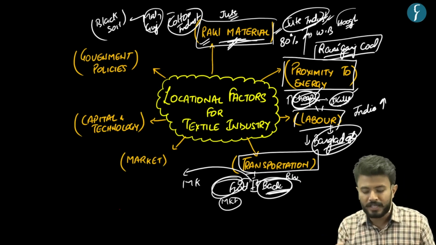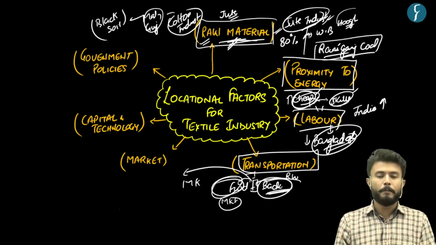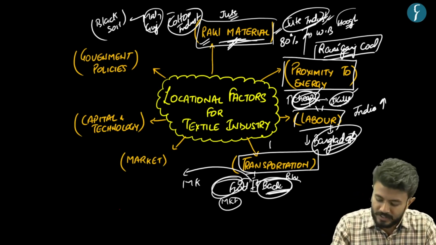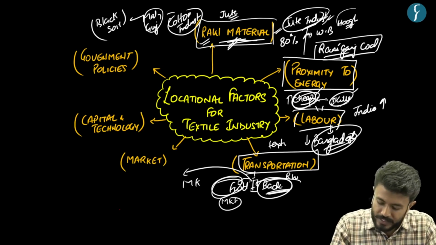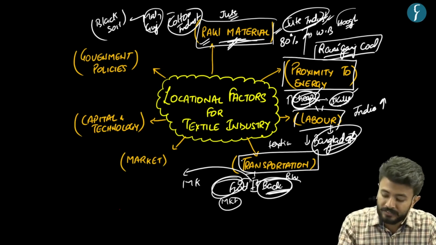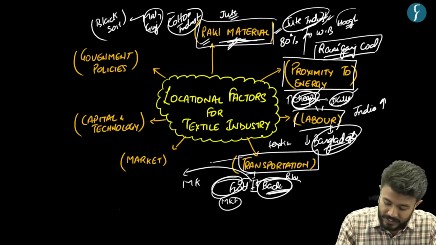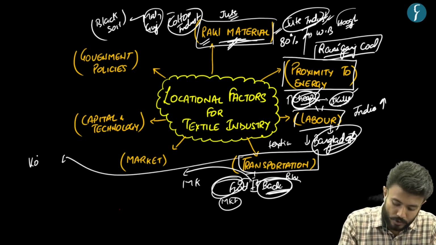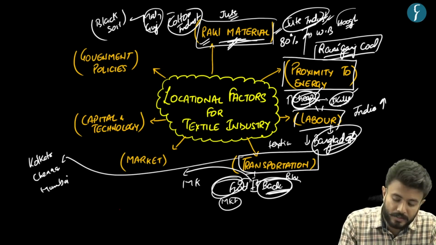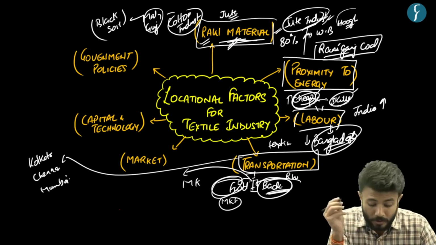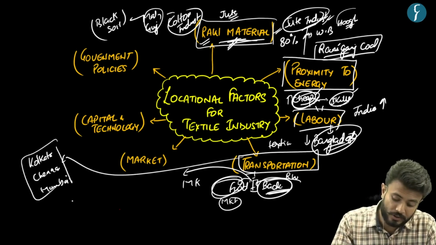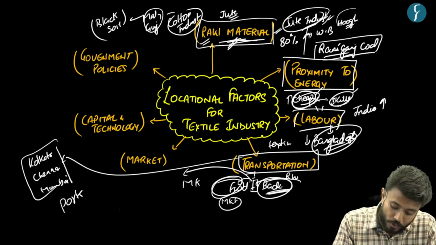So now just think why many of the textile industrial centers in India are located in cities. Again, let us take the example of Kolkata, Chennai, Mumbai. Why? Because all these cities are in close proximity to the ports.